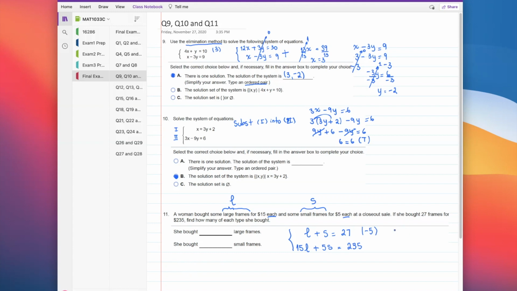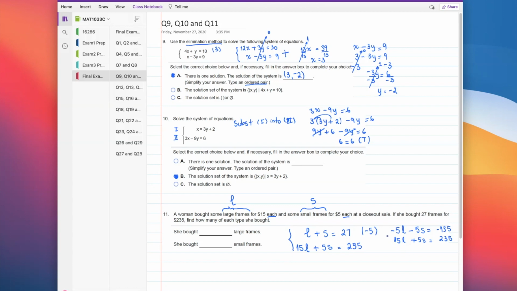Okay, so if I multiply my first one by negative 5, I have negative 5L, negative 5S, and 27 times 5 is negative 135. And the second equation stays as it is, 15L plus 5S equal 235.